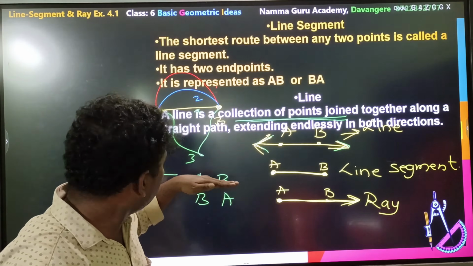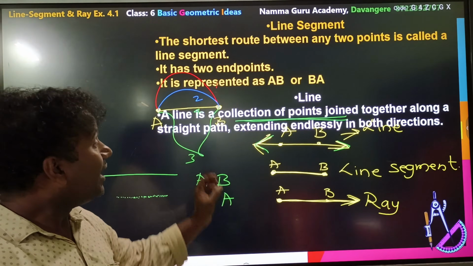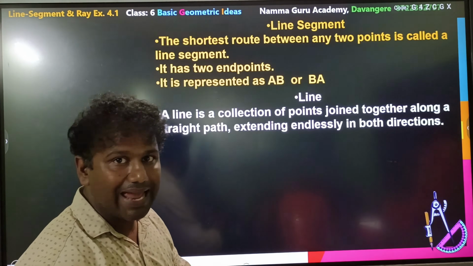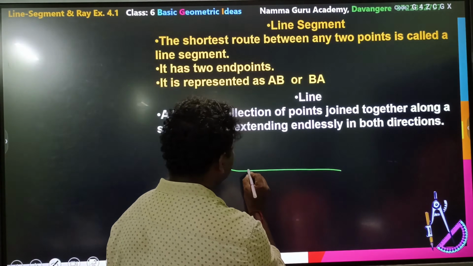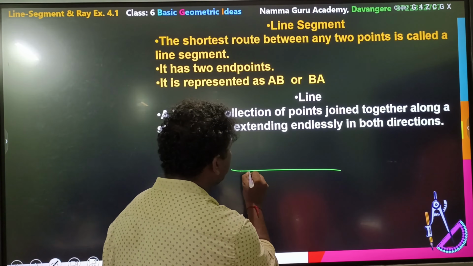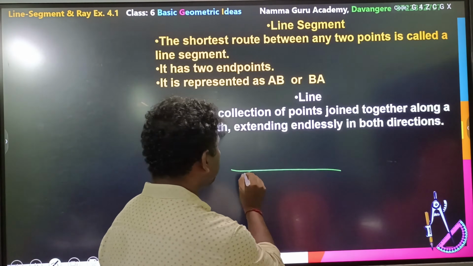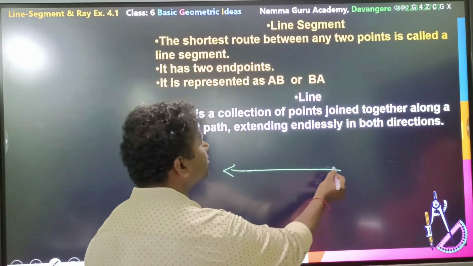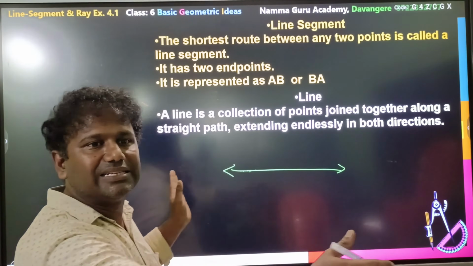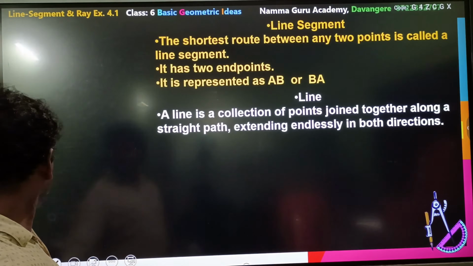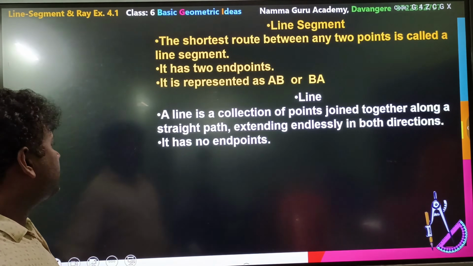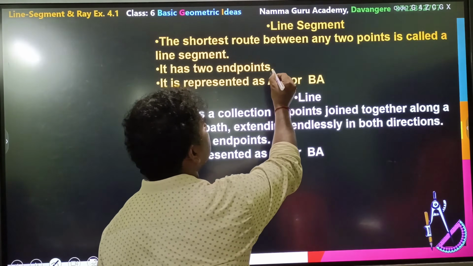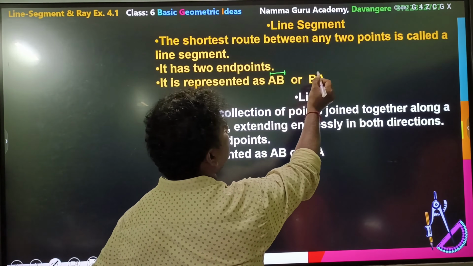A collection of points joined together along a straight path extending endlessly in both directions is called a line. What is this line made up of? It is made up of points. It is extending endlessly, and there will be arrow marks. It has no end points, and it can be represented as AB or BA. Here, for a line segment, you can denote it by this sign.